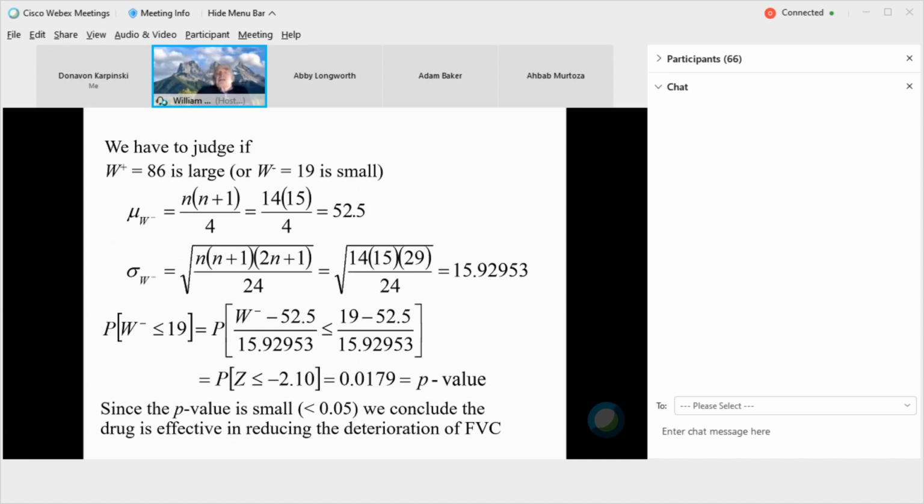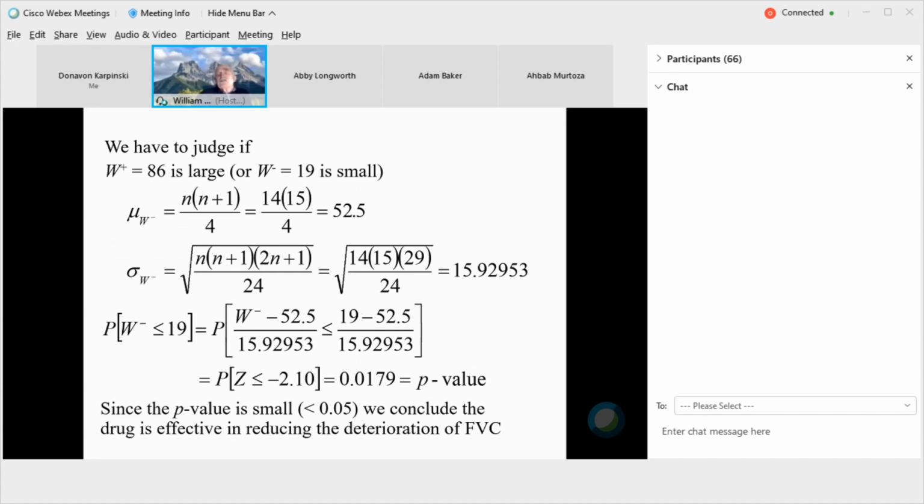The standard deviation is the square root of n times (n plus 1) times (2n plus 1) over 24, which is 15.92. We want the probability of getting a value this small or even smaller. We standardize W negative and W plus and use the normal approximation. The chance of getting a value that small is 0.0179.